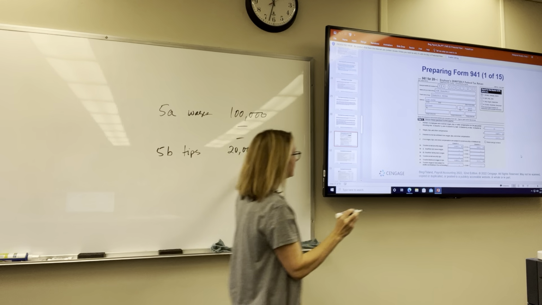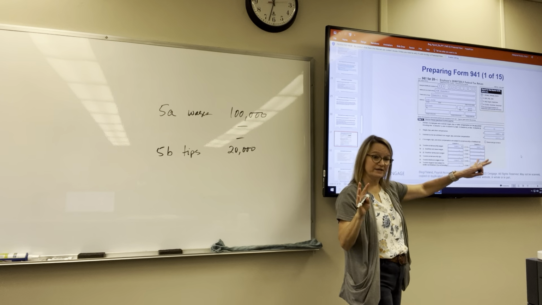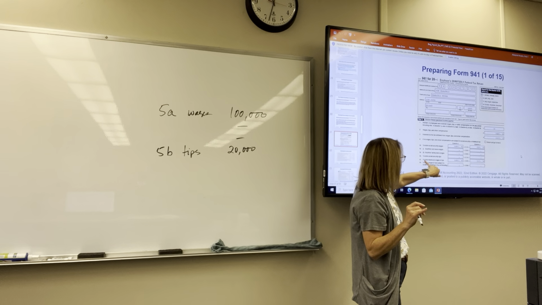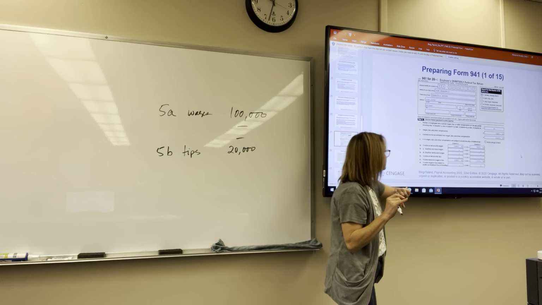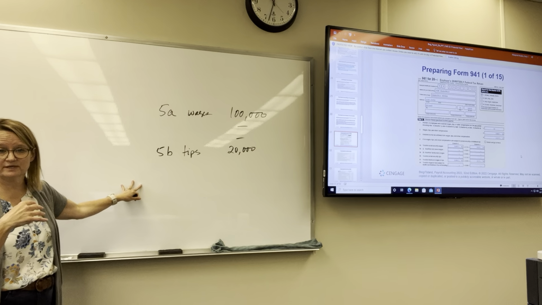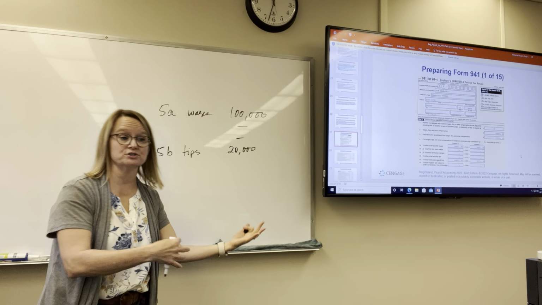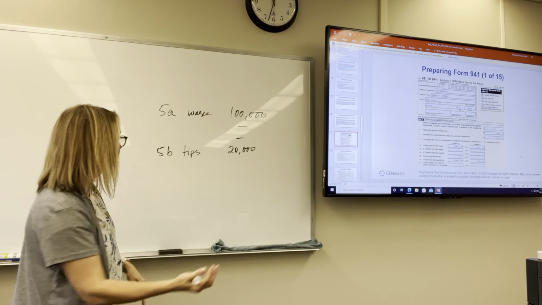That means that most likely, maybe not if we have anybody who exceeded the wage base, this taxable Medicare wages and tips is going to include both of those amounts. So for the sake of argument, let's say in our example here, nobody exceeded that wage base. So our Medicare wages are the same as our Social Security wages.